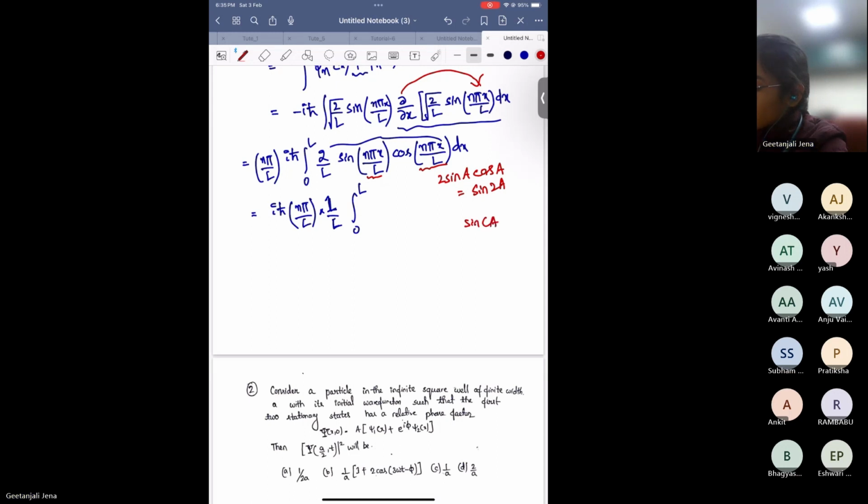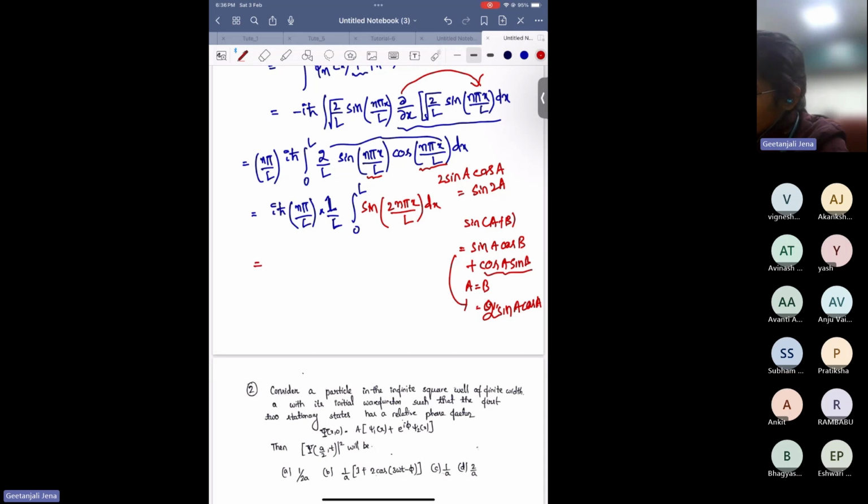The sin A plus B equal to sin A cos B plus cos A sin B. So if A equal to B, then it will become sin A cos A plus cos A sin A. So the final term is 2 sin A cos A. Okay, so this is nothing but sin 2A, sin 2 n pi x by L dx.